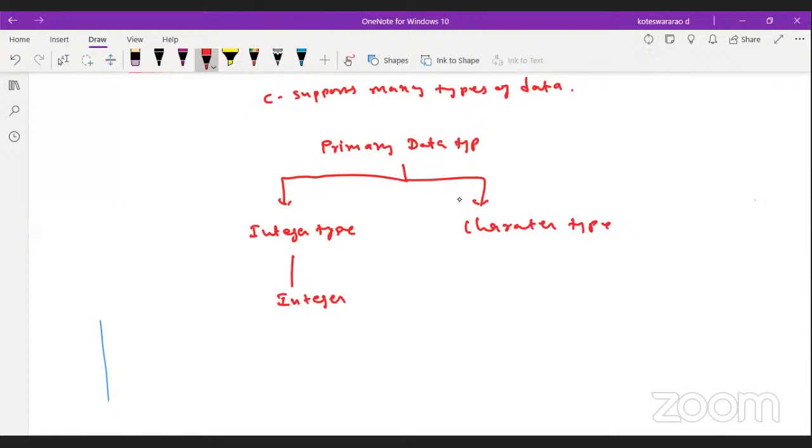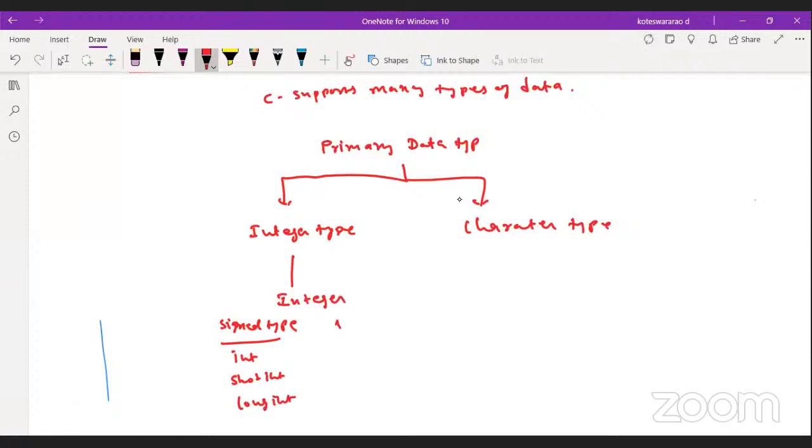Integer type. That is signed type: int, short int, long int.